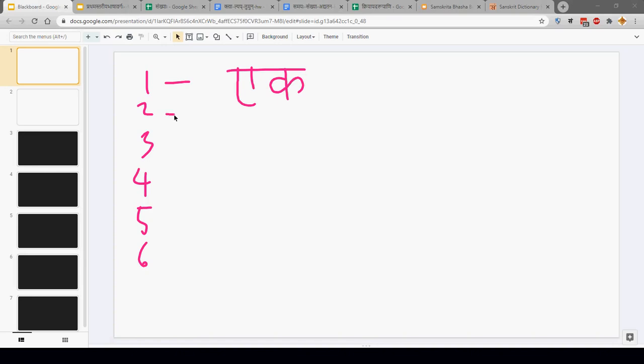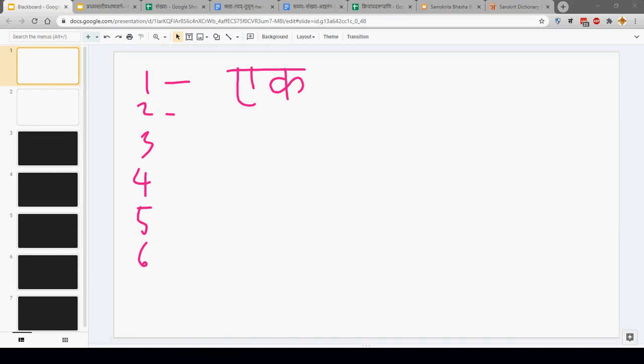And for 2, Dvi is a base word. But when we actually use these within a sentence, their forms slightly change.